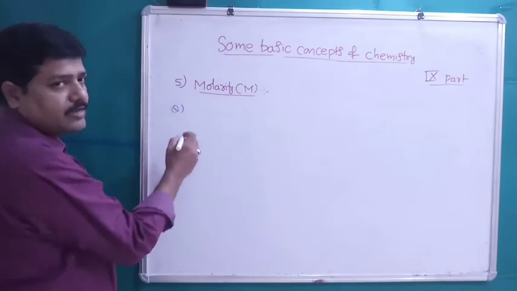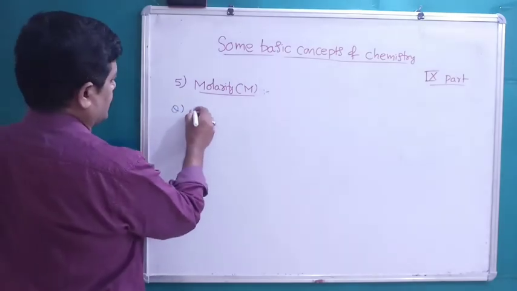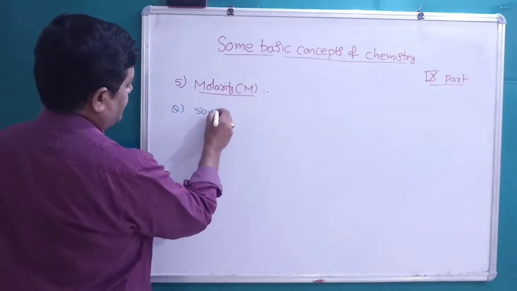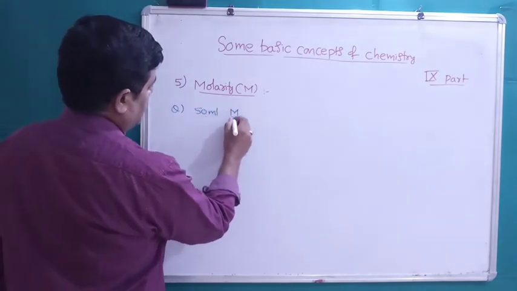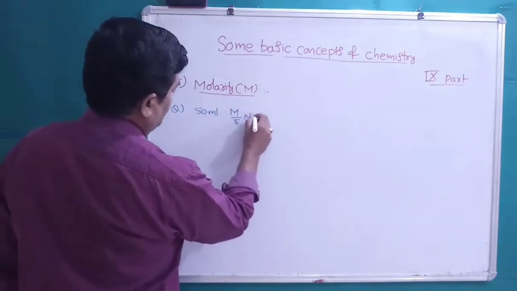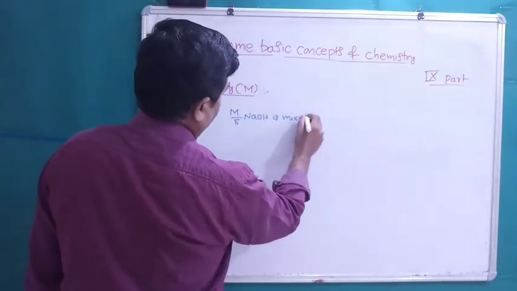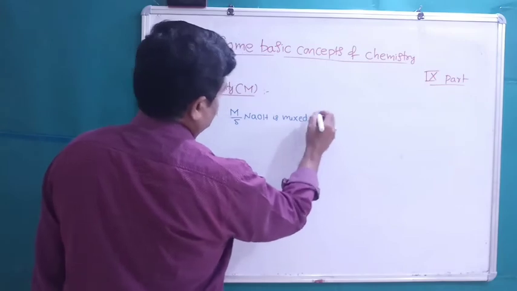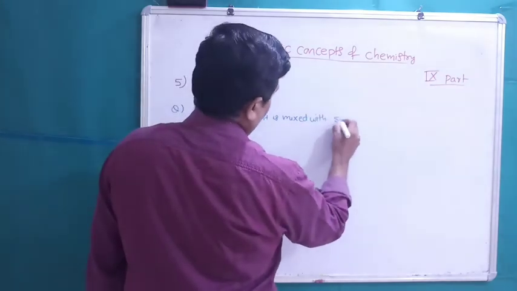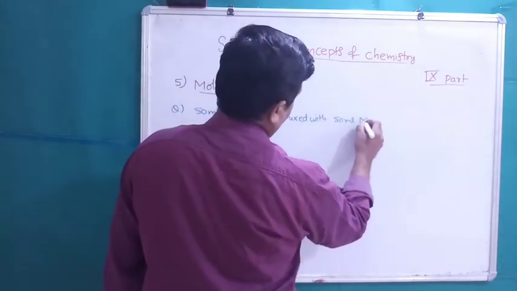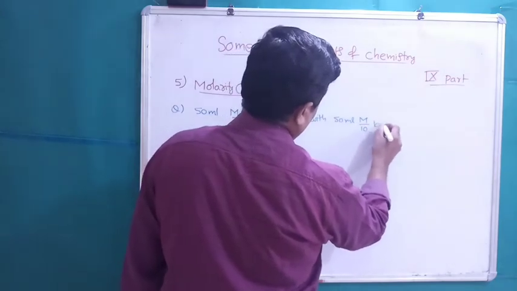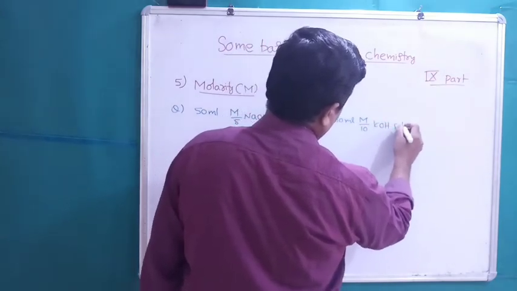First, let us take one question. 50 ml M/5 NaOH is mixed with 50 ml M/10 KOH solution.